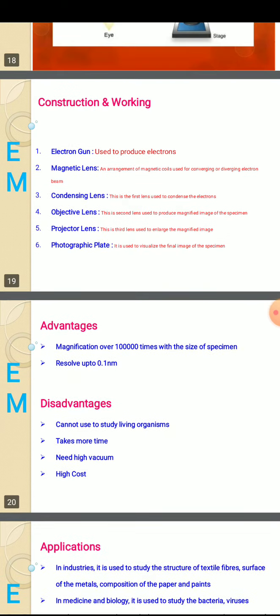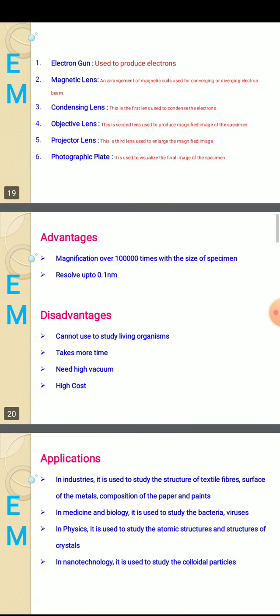Disadvantages: this instrument cannot be used for living organisms, it takes more time to enlarge the size, it needs a high vacuum chamber, and the cost is also higher than the optical microscope.